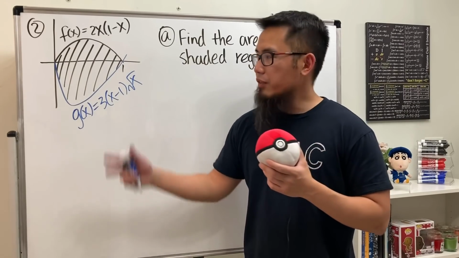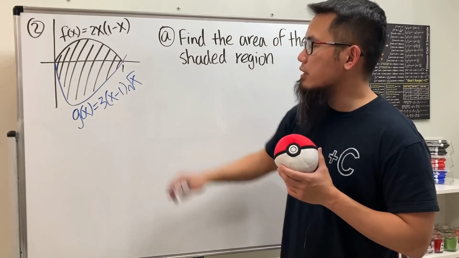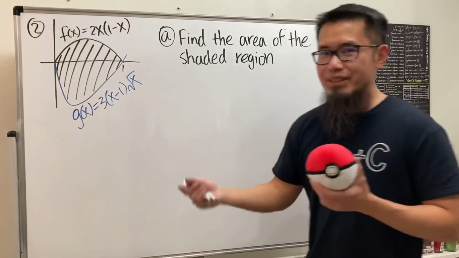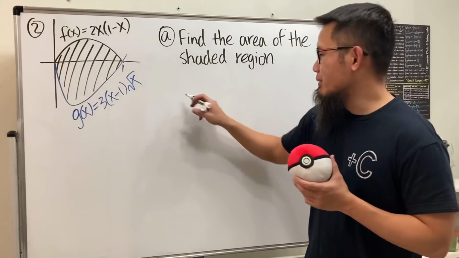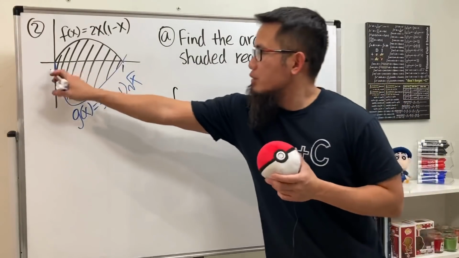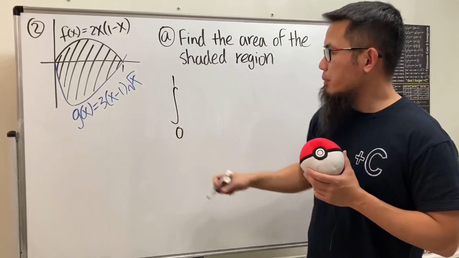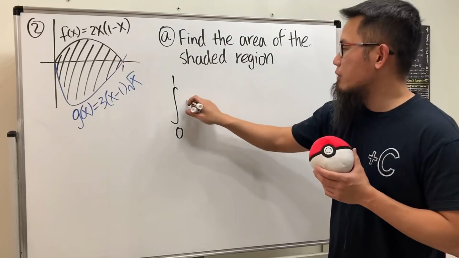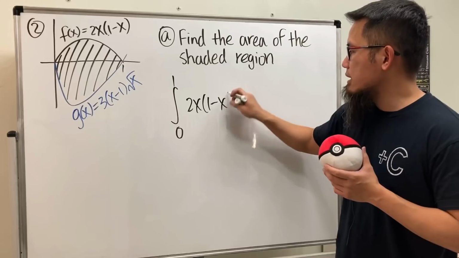So for number 2, given this picture here, and then we also have the functions. Part A, we have to find the area of the shaded region. You know, it's a classic question. So we just have to integrate, and we go from 0 to 1. And then remember, it's the top function minus the bottom function, and the top function is this one. So we have 2x times 1 minus x, right?